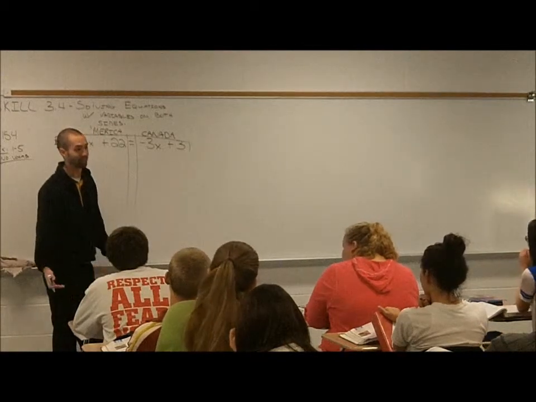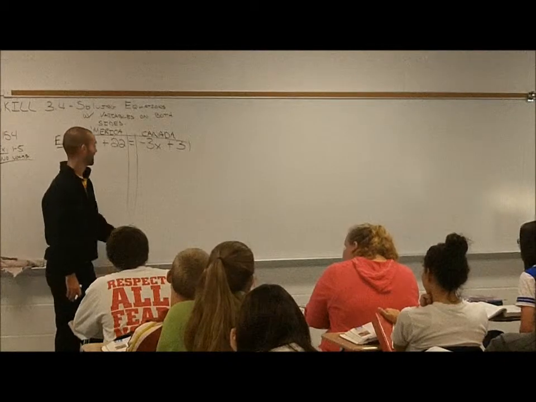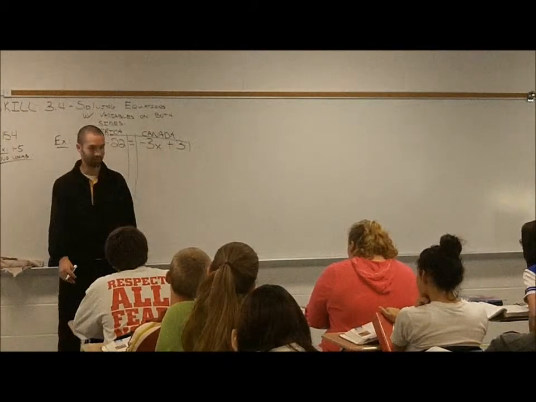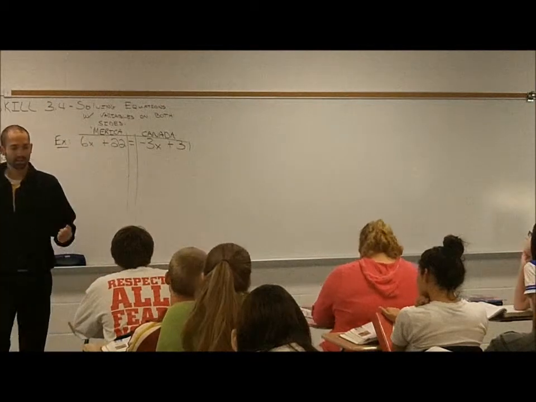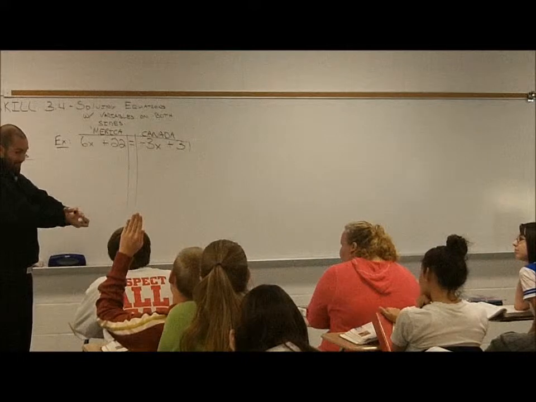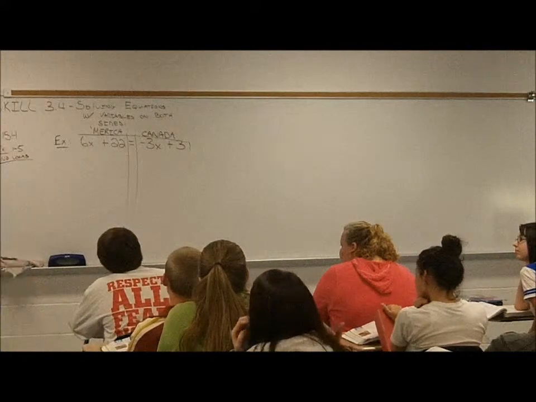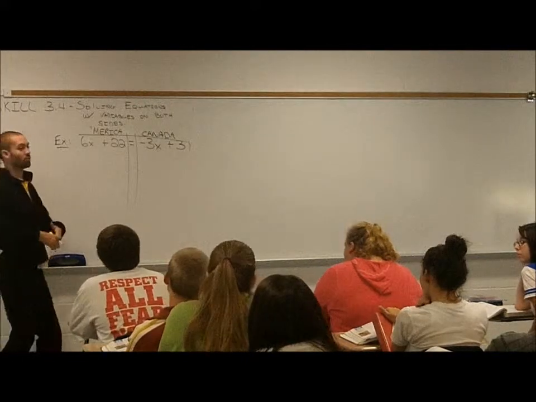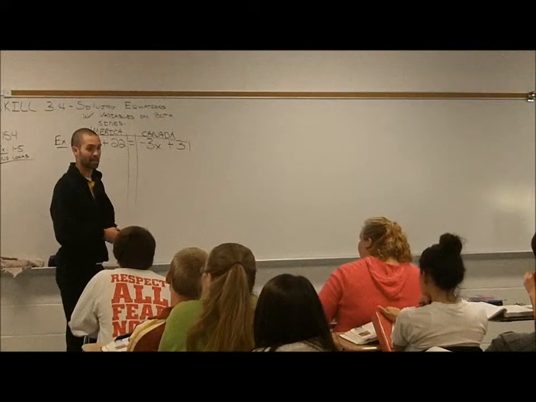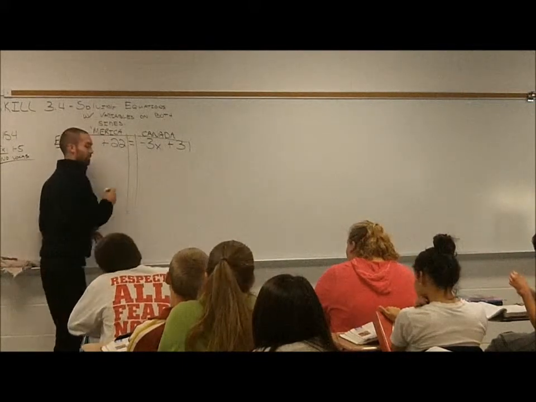I apologize, so plus 31. Yeah, it's connected to the 31. And how is it connected to that 31? What's holding their hands? Addition. The addition sign. So we need to do either addition or subtraction. That's what's going to take us to the other side.